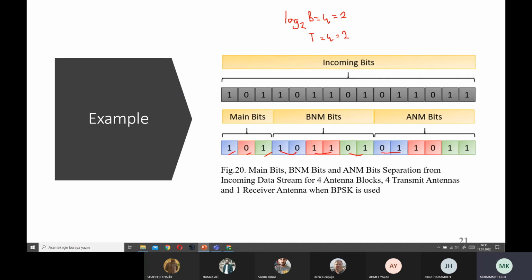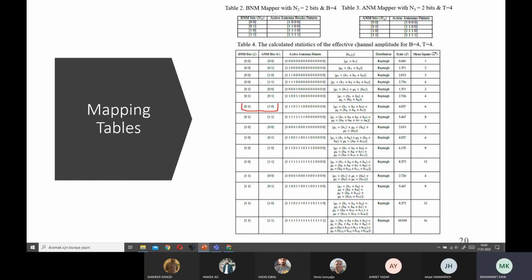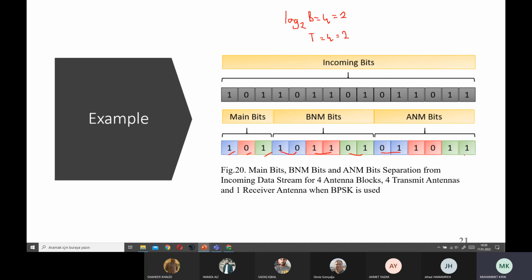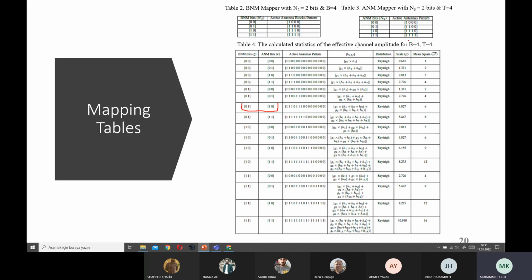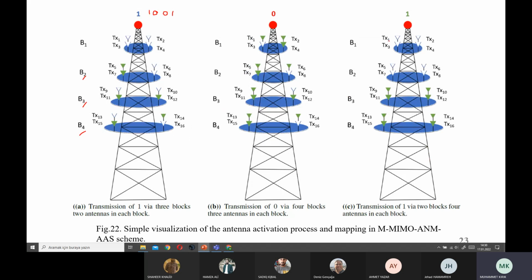We have 0, 1 in the BNM bits group, which means activation of 2 blocks, and we have 1, 1 in the ANM bits group, which means we are activating all the 4 antennas in the active subblocks. As you can see here in the figure 22C, we are activating 2 blocks, which are providing the highest channel capabilities, B4 and B3, and we are activating all the antennas in them.